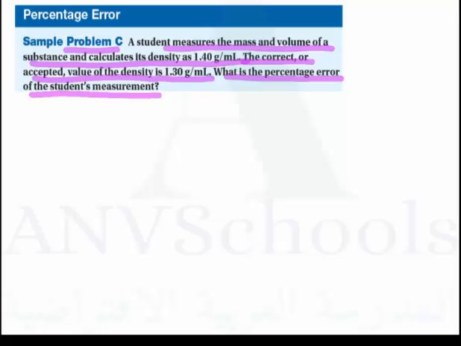To solve this, we go directly into solving.